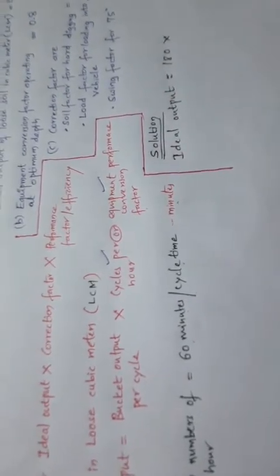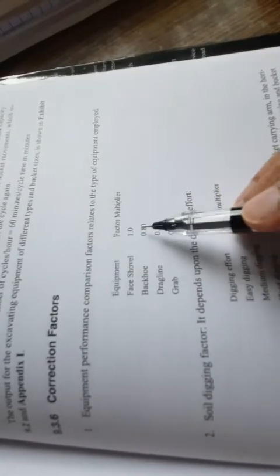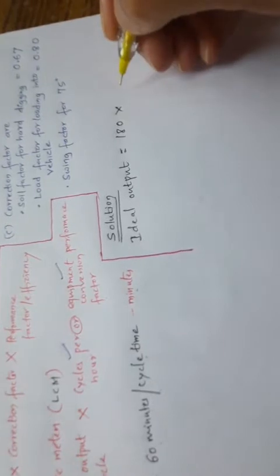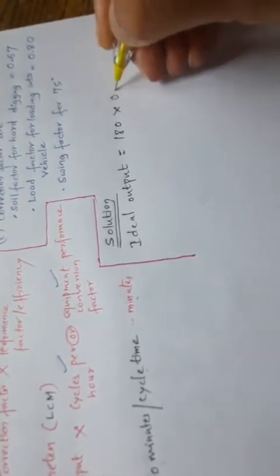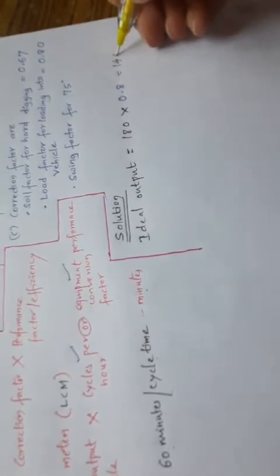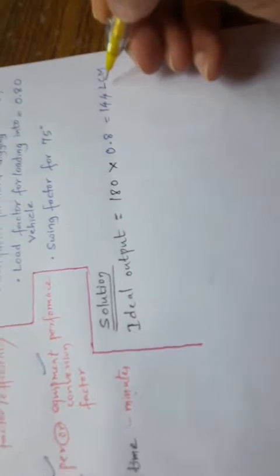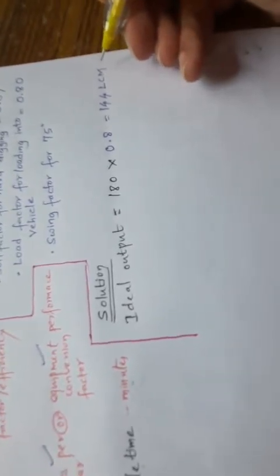That is what we saw in the last lecture. So here it is from the table. The equipment we are using is a backhoe, and the performance conversion factor is given as 0.8 for a backhoe. You have to remember this. So taking this, 180 into 0.8 gives you 144 LCM, that is loose soil in cubic meter.